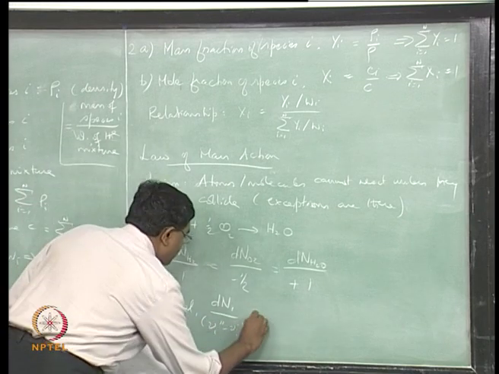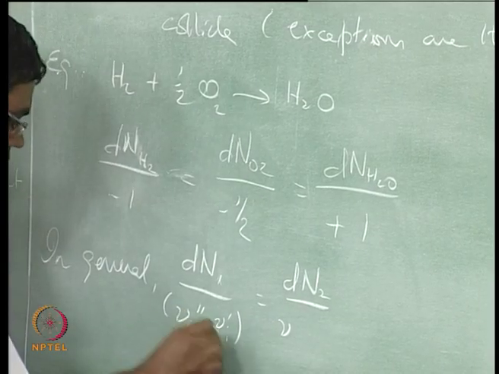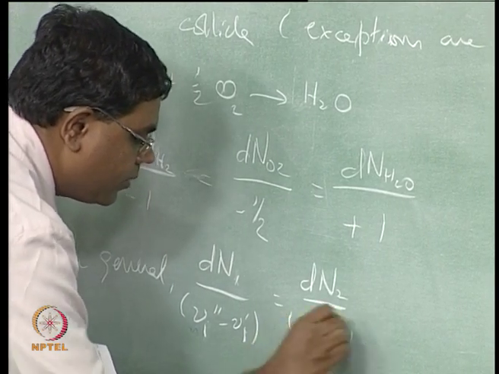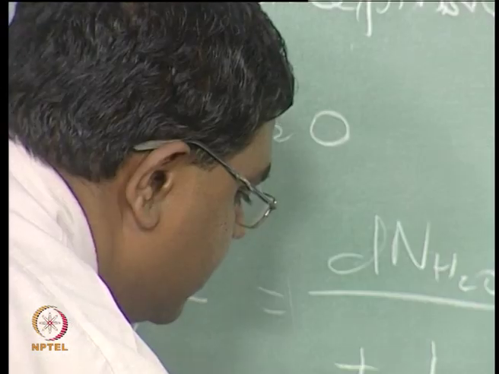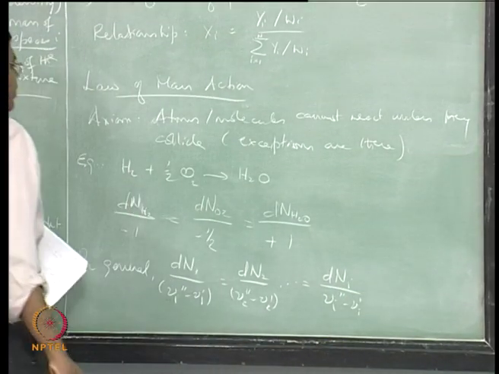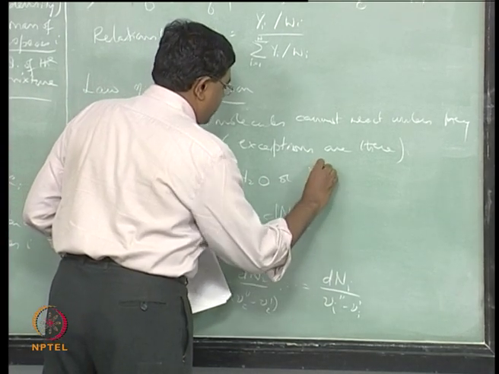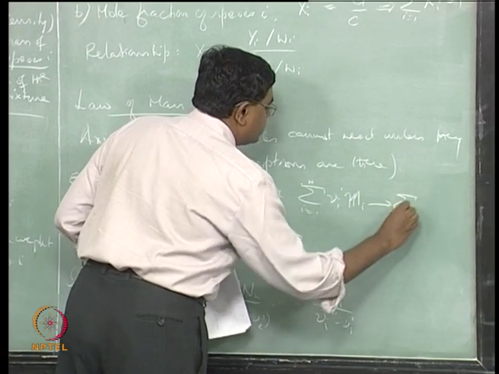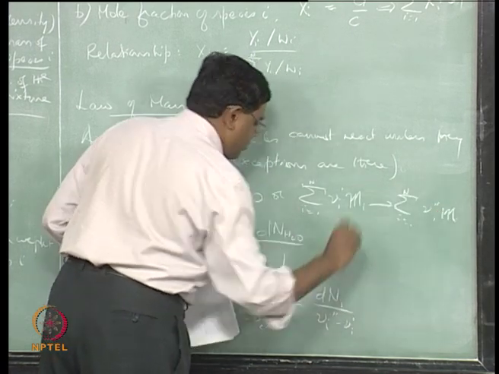equal to dN2 divided by nu2 double prime minus nu2 single prime, etc. That is, you can write dNi over nu i double prime minus nu i single prime, where we had this notation: sigma i equals 1 to n nu i single prime Mi gives sigma i equals 1 to n nu i double prime Mi.